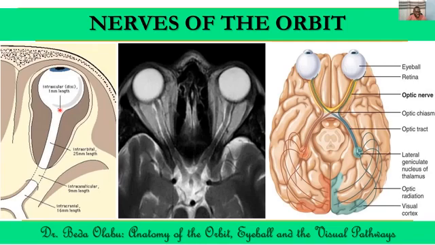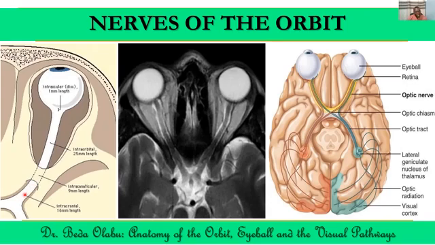The second part, which is the longest part, is the part that is passing through the intraconal compartment of the orbit. We call that the intraorbital part. The third segment is the part passing through the optic canal. We call that the intracanalicular segment. And the fourth and last part is the part that is now within the cranial cavity.